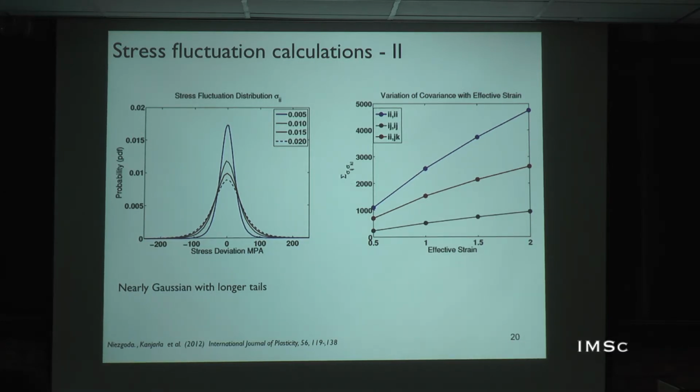We could assume that it's Gaussian, but there was no real proof, because if you look at the stress distributions over the entire polycrystal and take it out from its mean, it's never Gaussian. Polycrystals tend to have log normal stresses, but within a grain it turns out it's mostly Gaussian, and we don't know why that is the case.